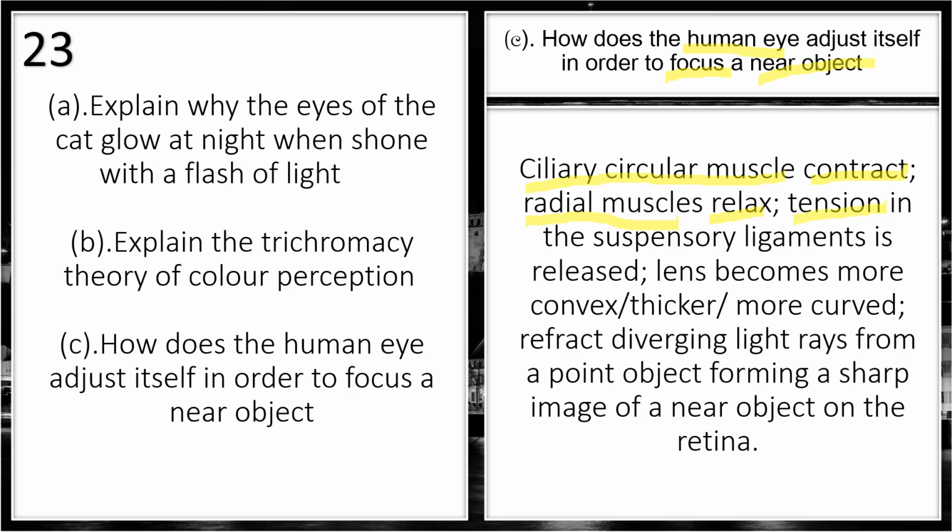The tension in the suspensory ligament is released. The lens becomes more convex, thicker, and more curved. Refracting diverging light rays from a point object, forming a sharp image of the near object on the retina.